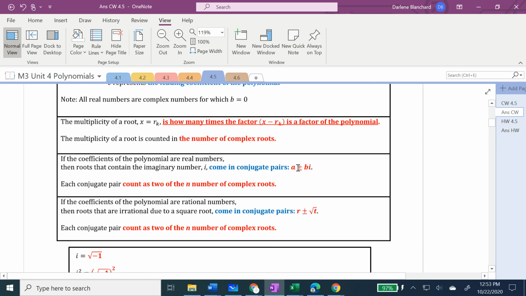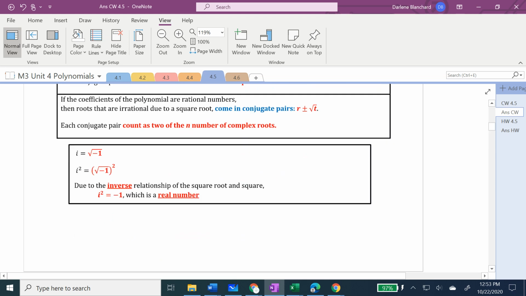Now, if you have a root that has an i in it or a square root in it, you need to bring in the conjugate pair with it. And when you multiply, you're going to want to multiply the conjugate pair factors first.